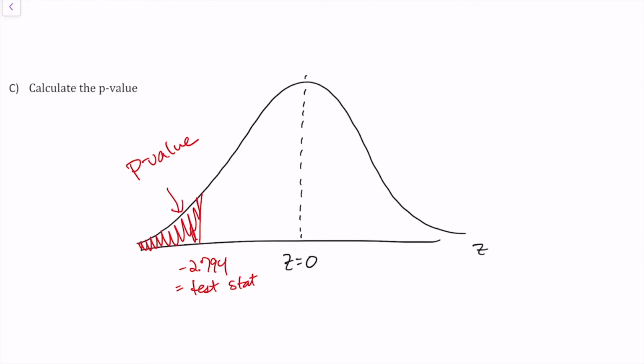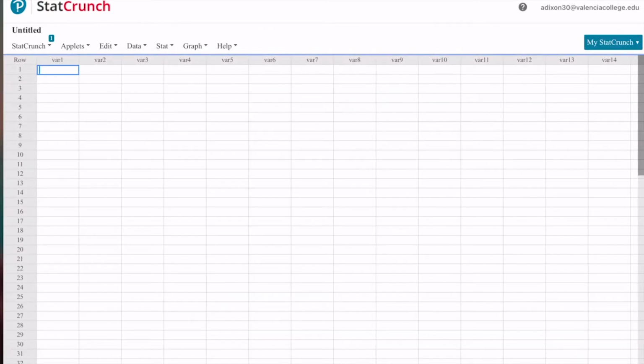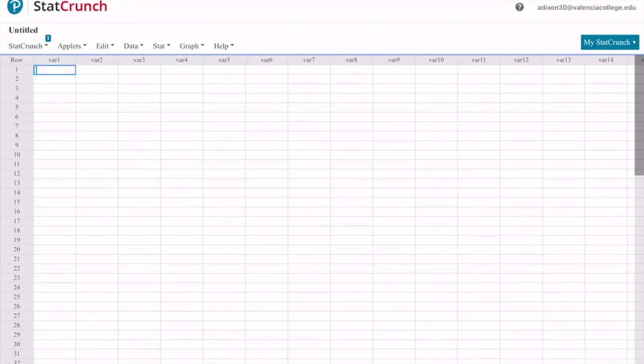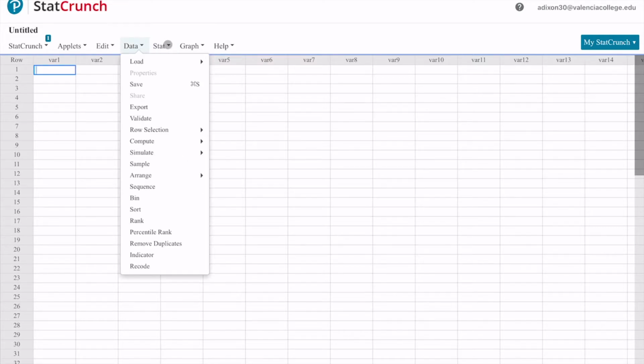Okay. So how do we calculate it? Well, we're going to use some technology. We're going to go to StatCrunch and we're going to use the normal calculator there. All right, so here we go. To get our normal calculator, you guys know what to do.